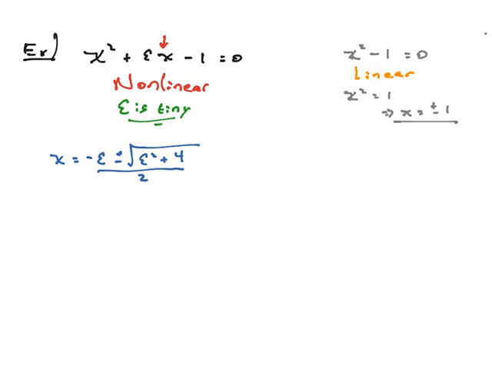Okay. And now I'm going to get just a little fancy because it's going to help when I make my comparison later. I'm going to rewrite it a little bit. This is minus epsilon over 2 plus or minus the square root of, in fact, I'll do the square root like this, epsilon squared plus 4 over this 2 outside of the square root.